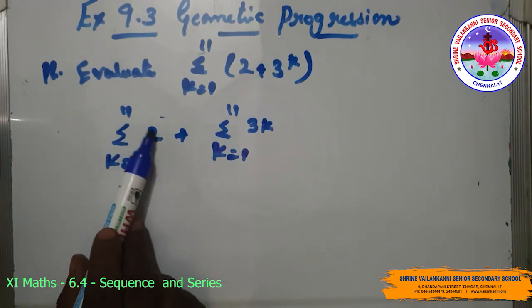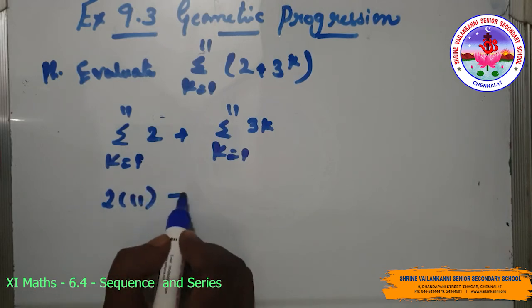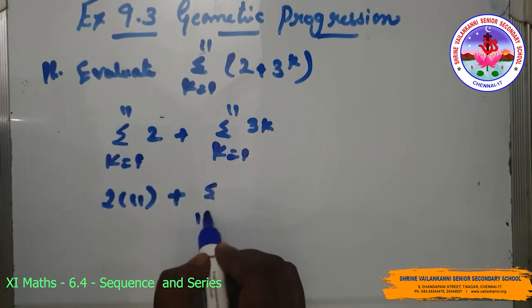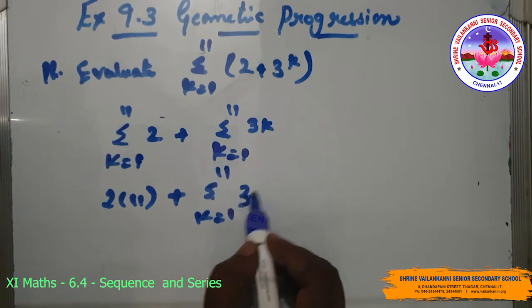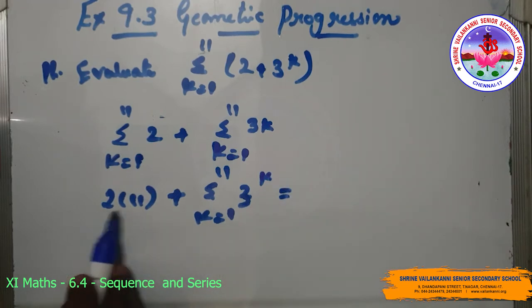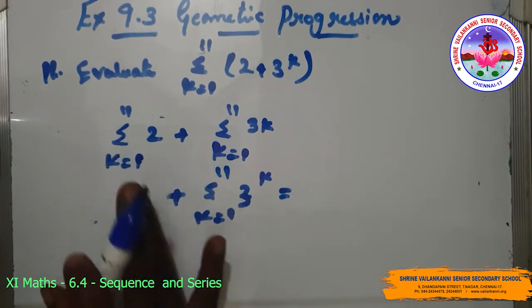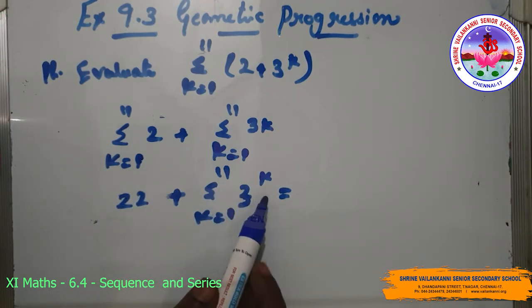So it's 2 into 11 times, plus sigma k equal to 1 to 11 of 3 power k, which is equal to 2 into 11, which is 22, plus sigma k equal to 1 to 11 of 3 power k.